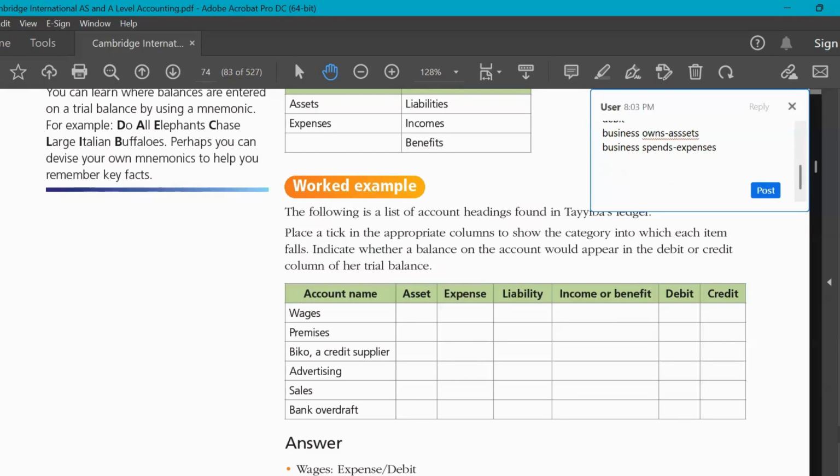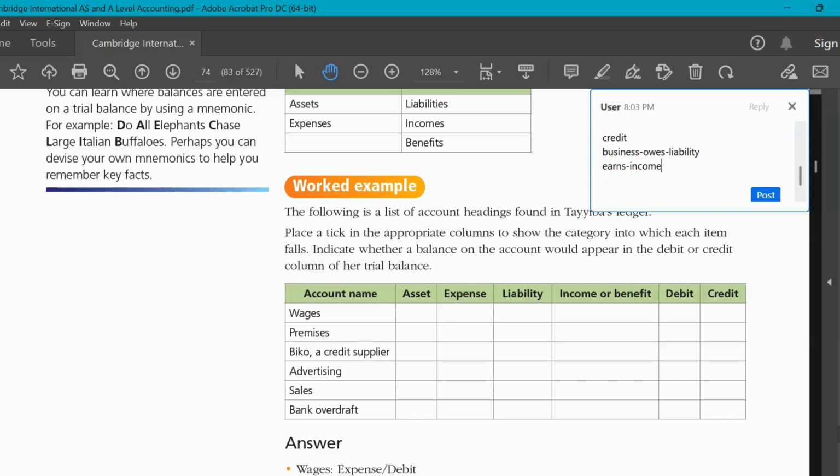But when we say credit side, the business owes, that's what we call a liability, and the business earns, and that is the income.